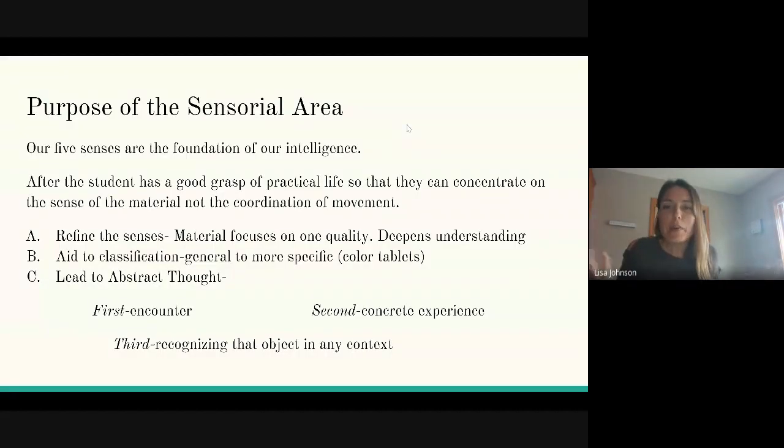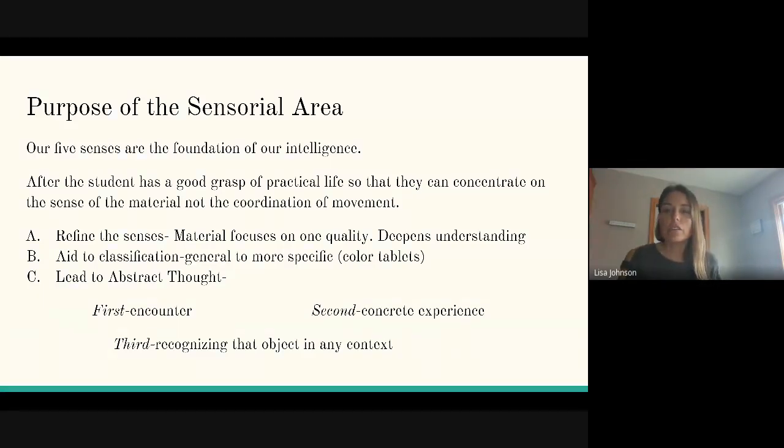Okay, so what is the purpose of the sensorial area in the classroom? I do have to say it is very unique. It is probably one of the most recognizable parts of a Montessori classroom, I'd say, especially for primary. It's common to know the pink tower, the brown stairs, the red rods.